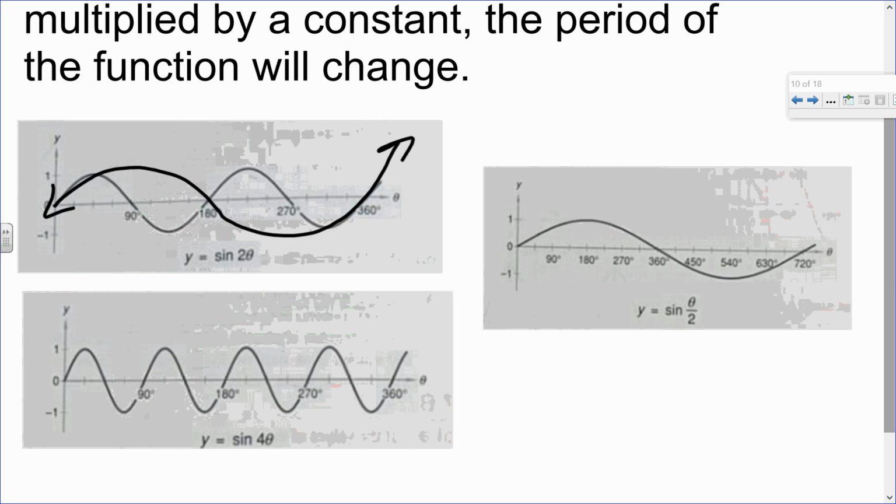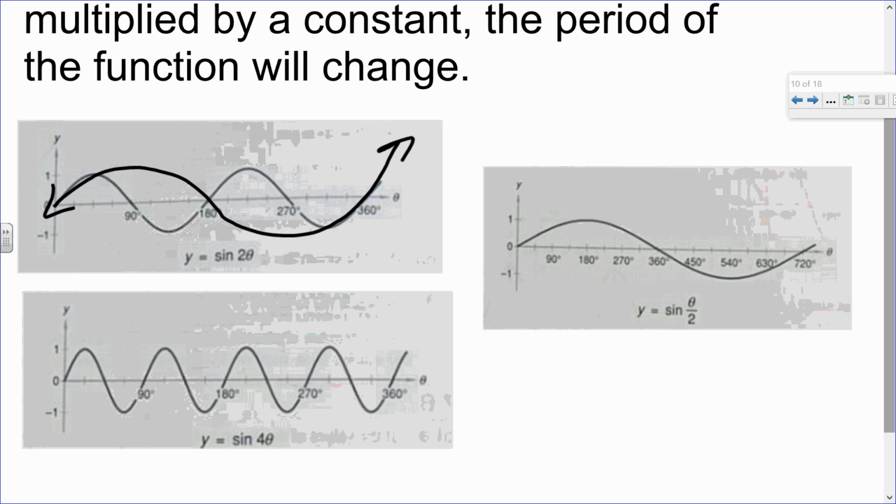I had two complete cycles in the space where I had just one before. If I do 4 sine theta, I've got one complete cycle in just 90 degrees, so 90 degrees is the period. If I do a smaller number, a half sine theta, 360 degrees is only half my period. I need 720 degrees to get the whole period.